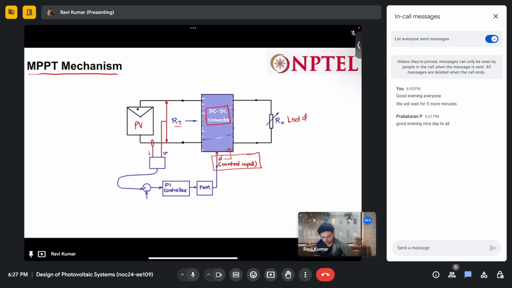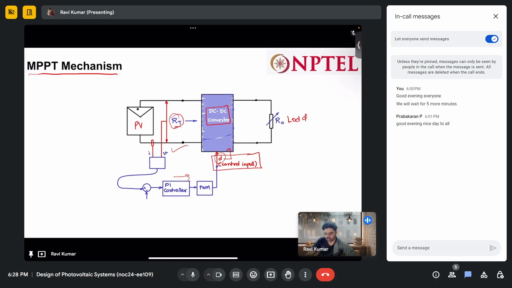But how can we get the value of this D? For this we have this PI controller. We get a reference value from here and compare it to the actual value. If it is not right, the error is transferred to this PI controller and it changes the value of D. It looks like a feedback circuit. So based on the feedback, it changes the value of RT, and by changing RT, we are able to extract the maximum power from a solar PV module.